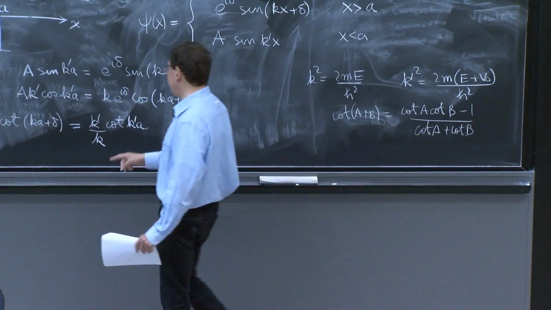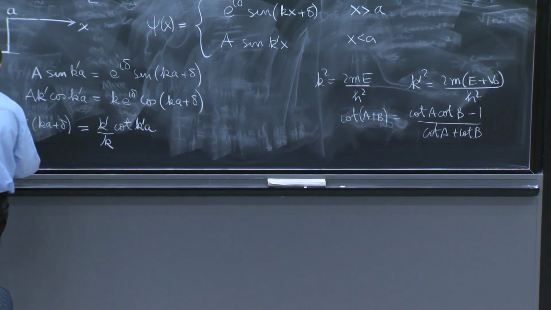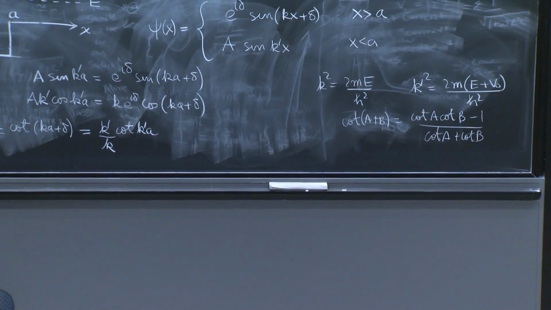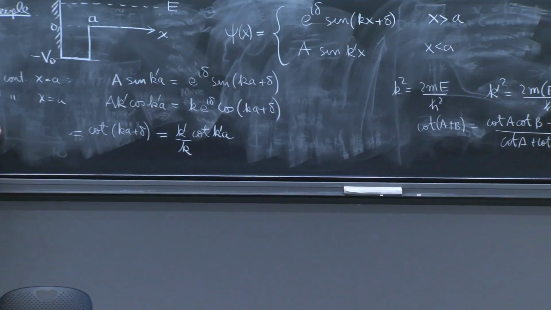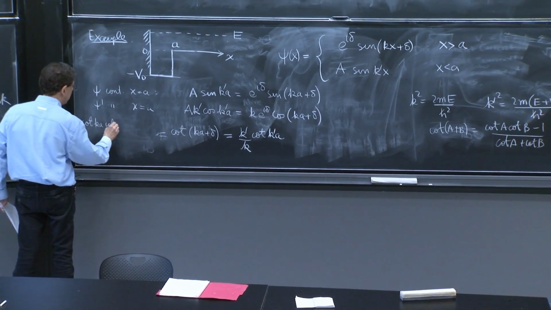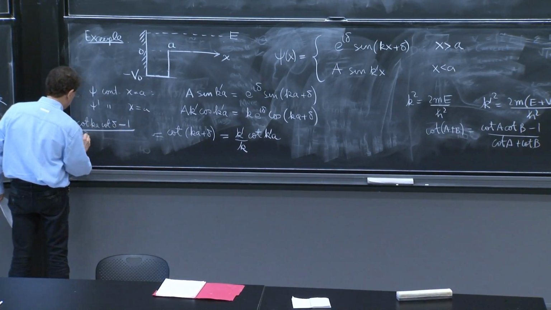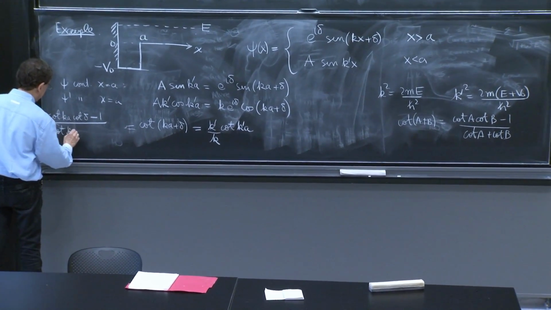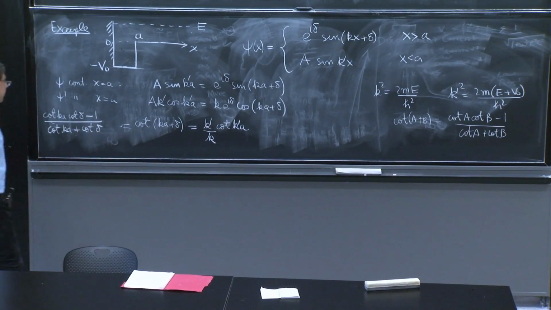So from here, you have that this expression is (cot ka cot delta minus 1) over (cot ka plus cot delta).